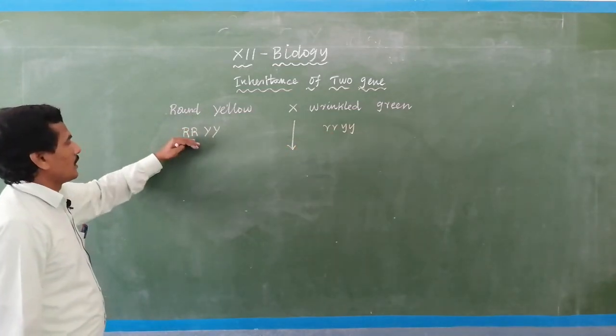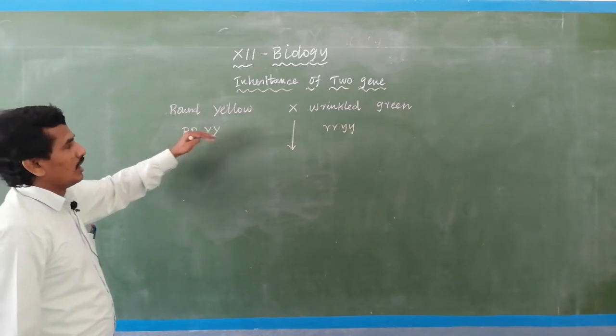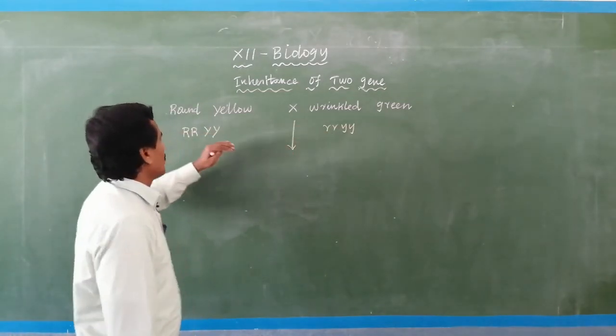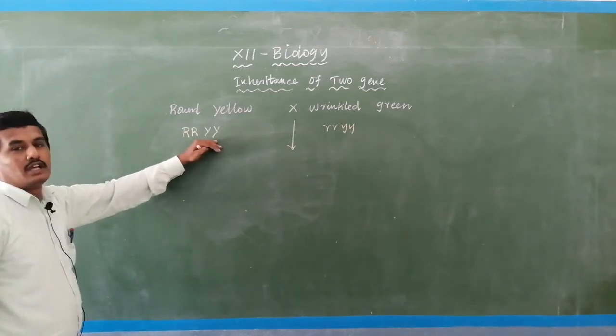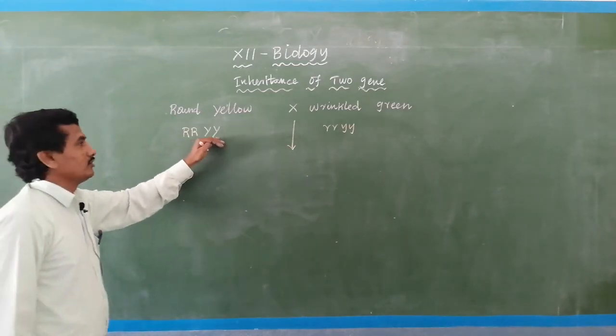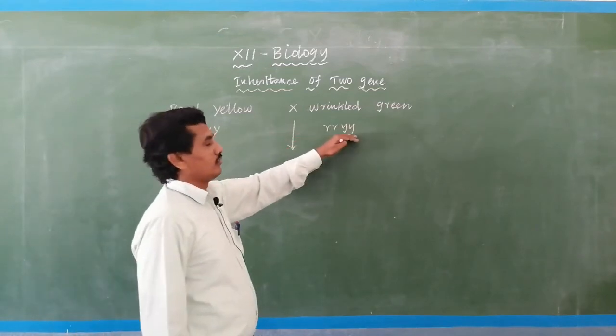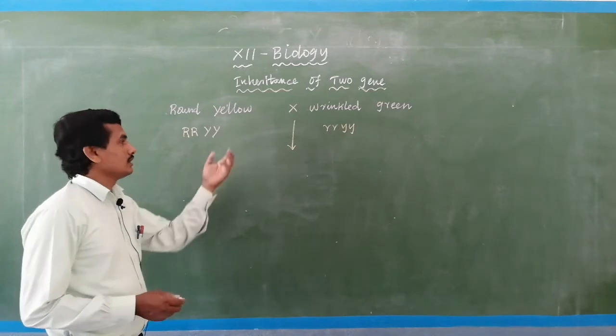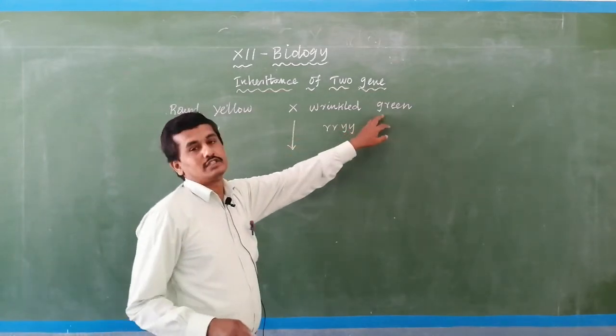In the wrinkled seeded only small r, not W, and in the green cotyledon only small y, not small g.